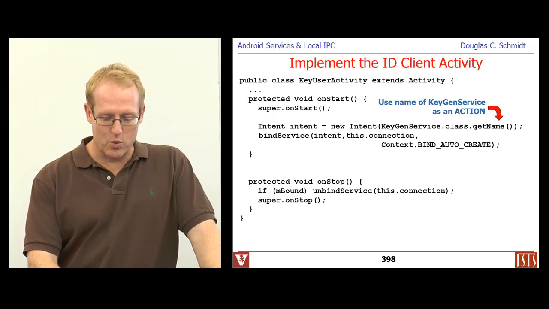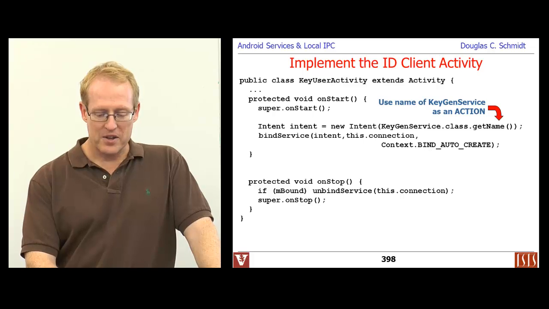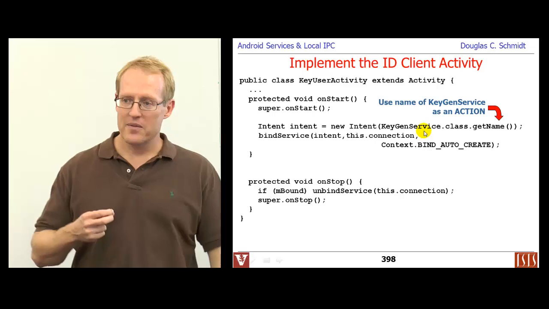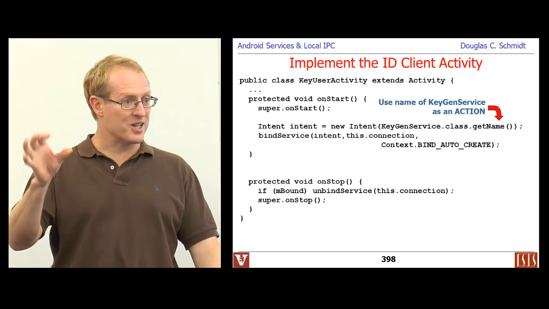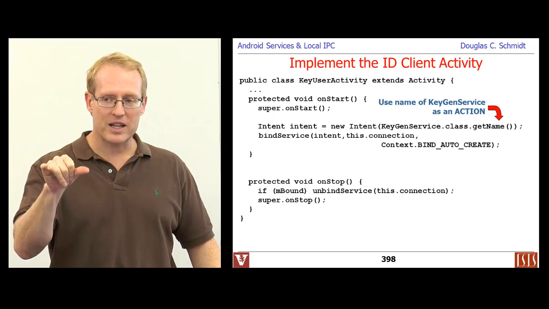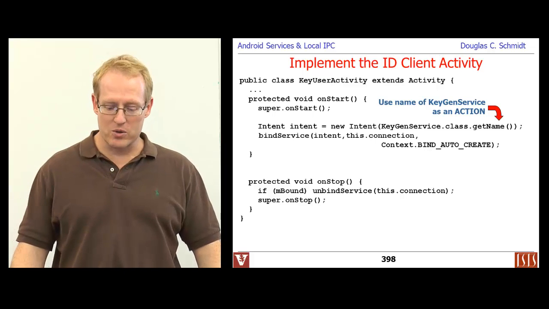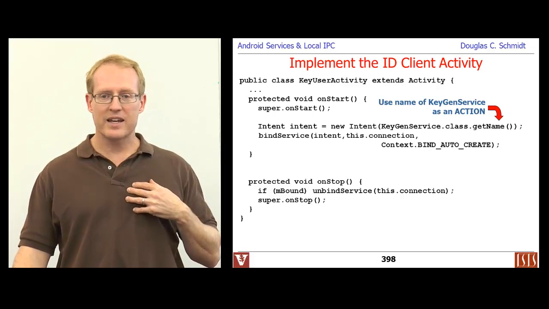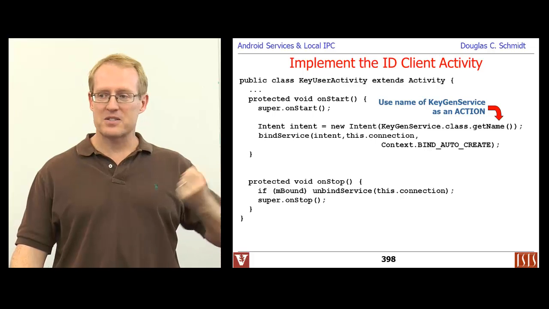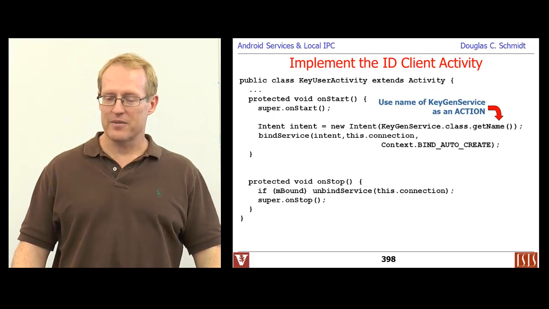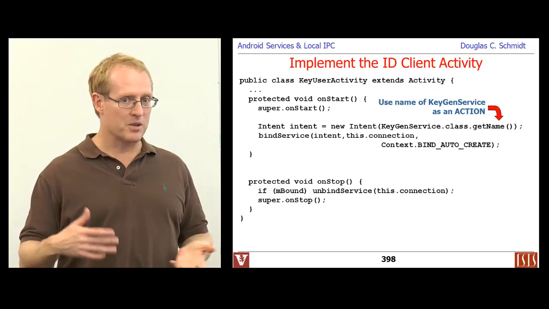So here's an example where when we create the intent, rather than explicitly saying, I want to talk to the keygenservice.class guy, rather than giving him the name of a class file, instead we're going to say, I want to create an intent who has an action that's the name of this guy. And the name is something you can control.